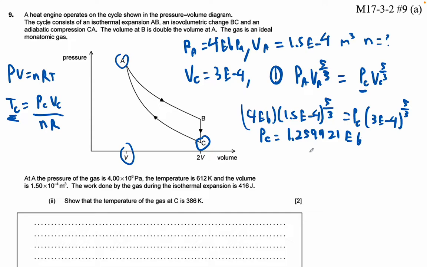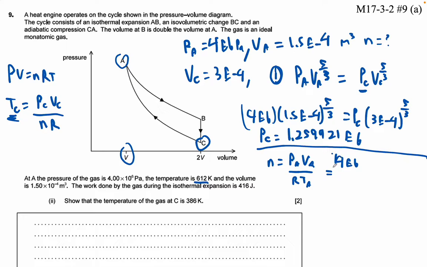Let's find the number of moles. The number of moles is going to be PA VA over R TA, and they tell you the temperature is 612. So it's 4E6 times 1.5E minus 4, R is still 8.31, and it's 612.